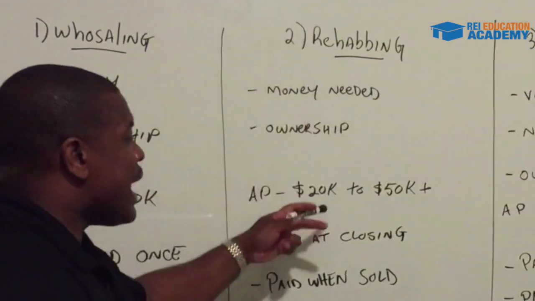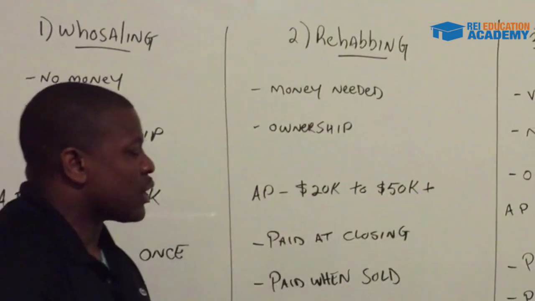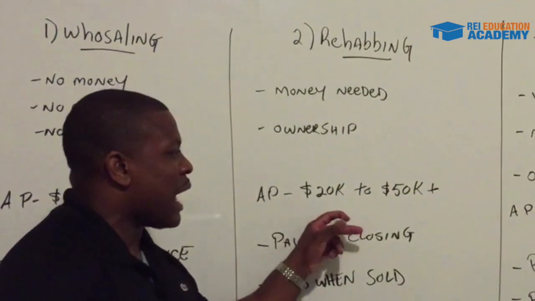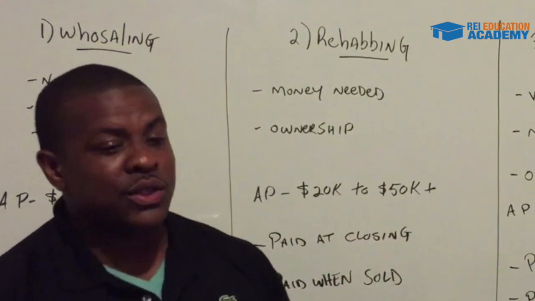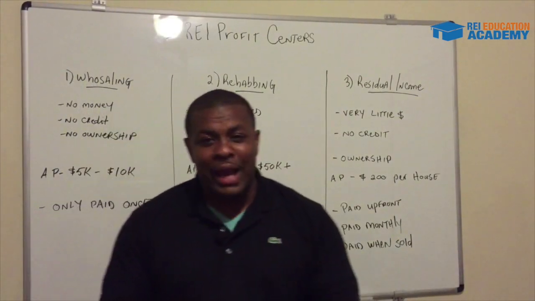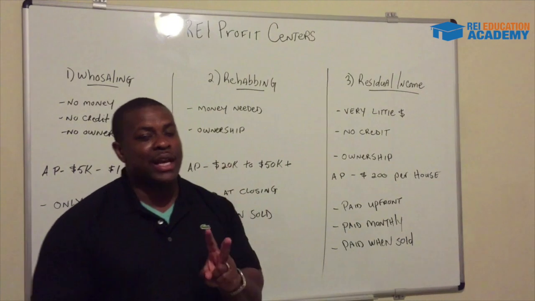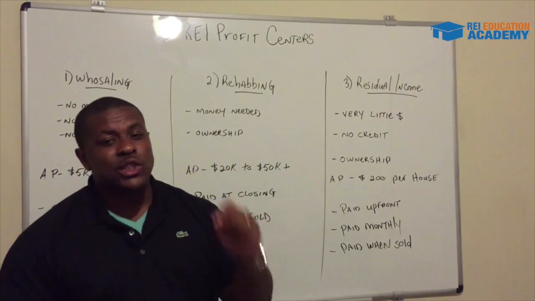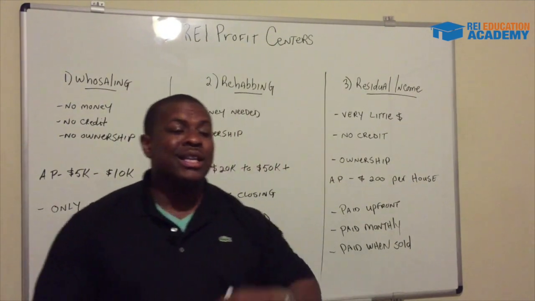When it comes to rehabbing real estate, most of your profits are going to be somewhere in the neighborhood of $20,000 to $50,000. Now, there's 2 different methods that you can actually use when it comes to rehabbing real estate, 2 different exit strategies. One of them I actually started off in the business doing years ago.